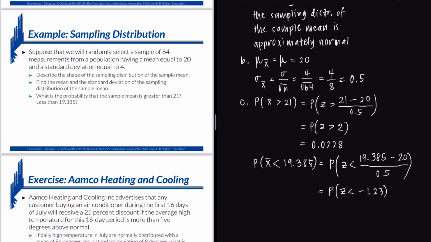And computing for the probability or the area to the left of negative 1.23, again using either the standard normal table or the normal distribution function of the calculator, we will get the probability of 10.94% or 0.1094. So that's the probability that the sample mean is less than 19.385.